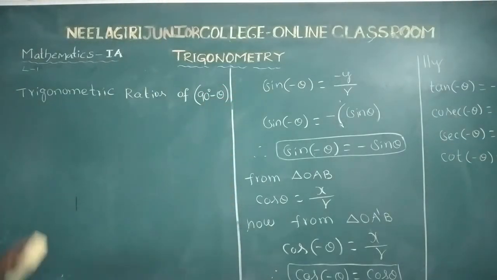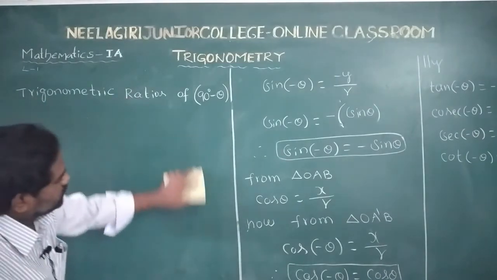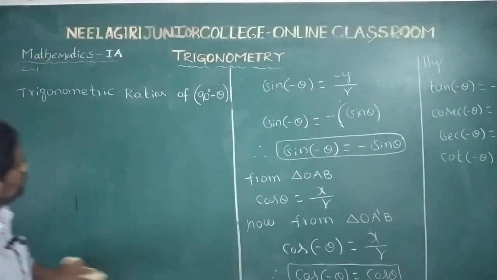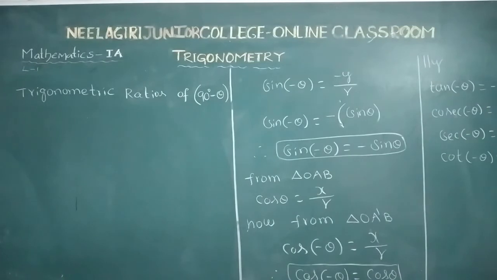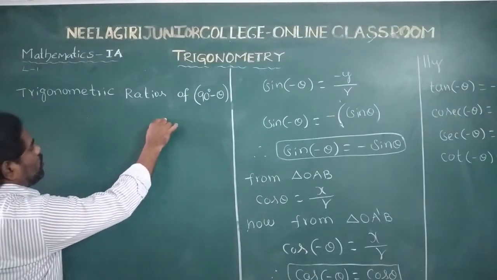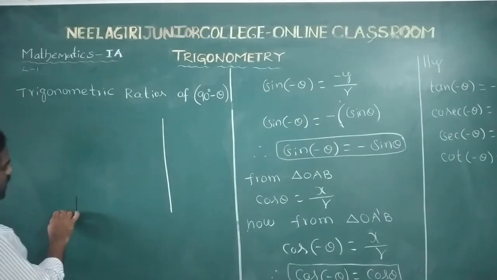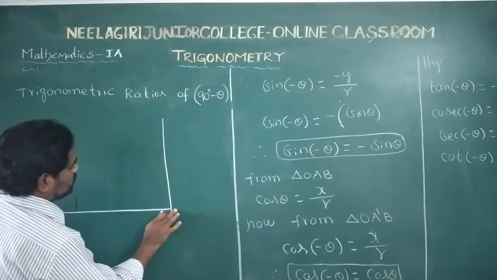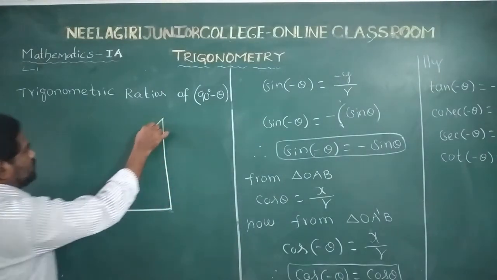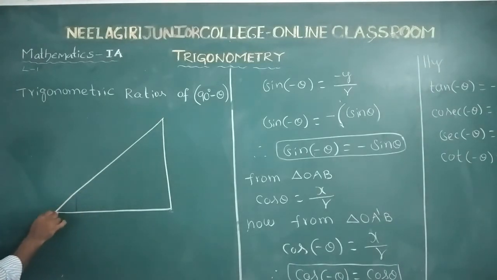Let us see how we take the trigonometric ratios of 90 minus theta. Now we have to draw a right angle triangle.